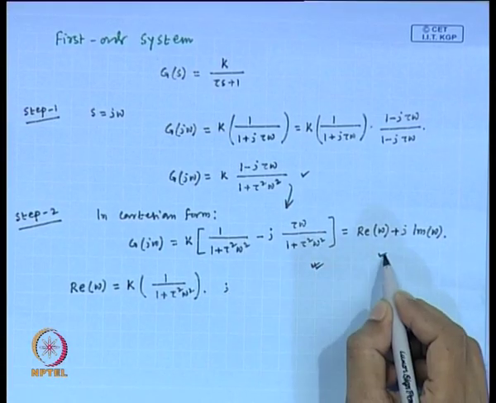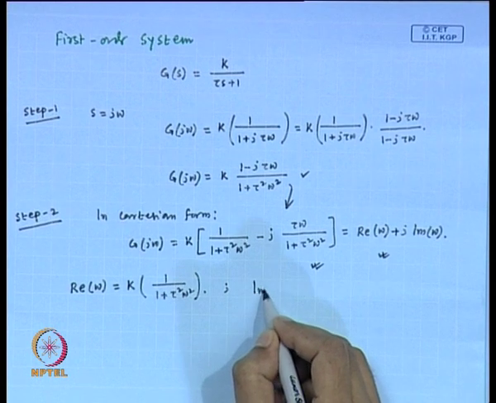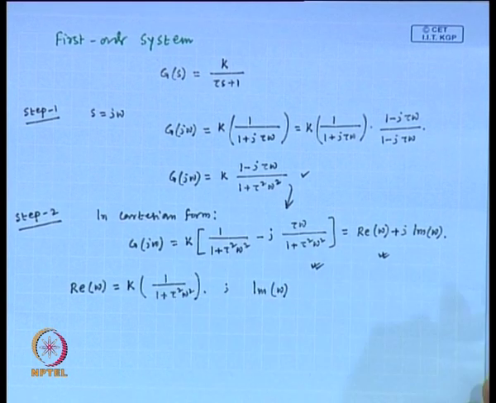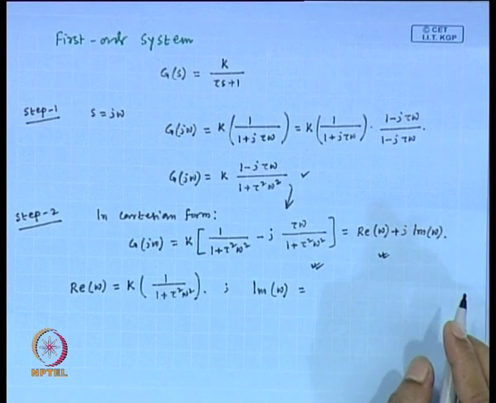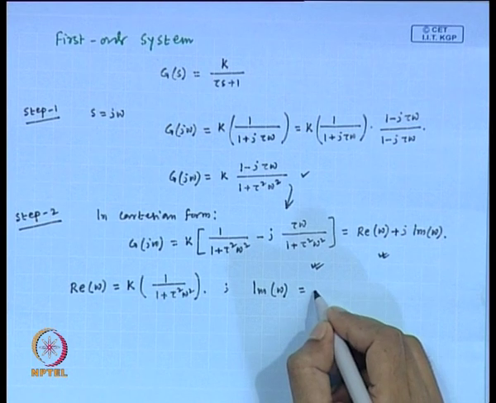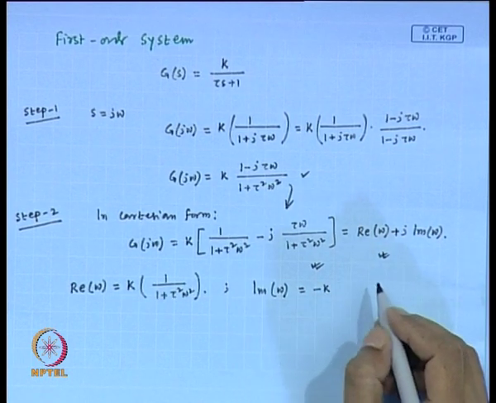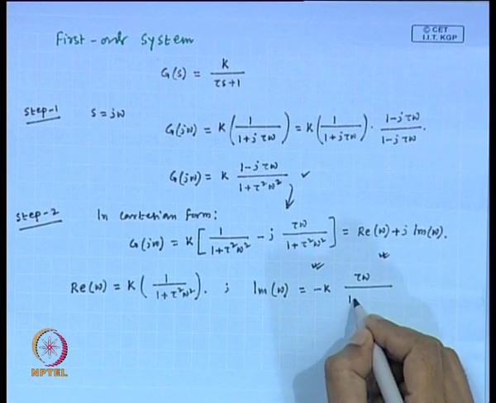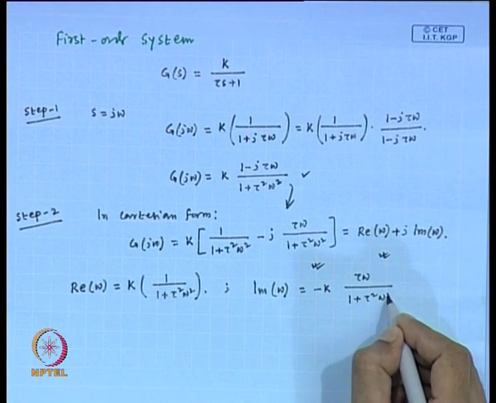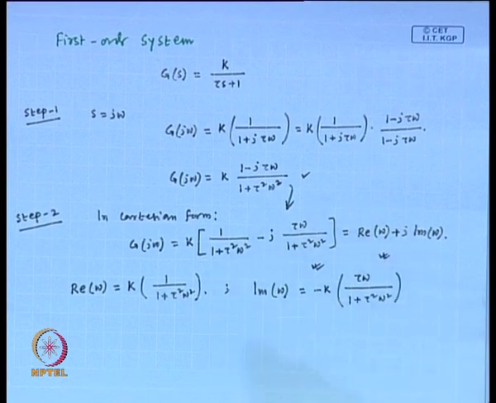And comparing these two, again we get the imaginary part also. Imaginary part is equal to minus K tau omega divided by 1 plus tau square omega square. So, we obtain in step 2 the real part and imaginary part.